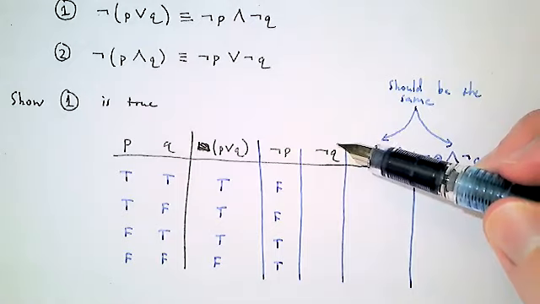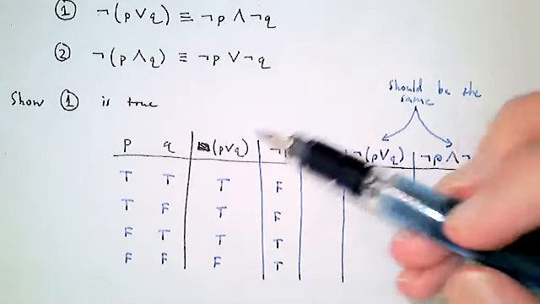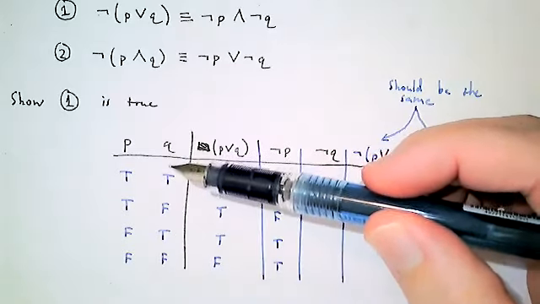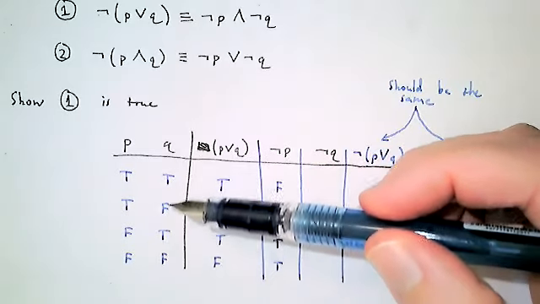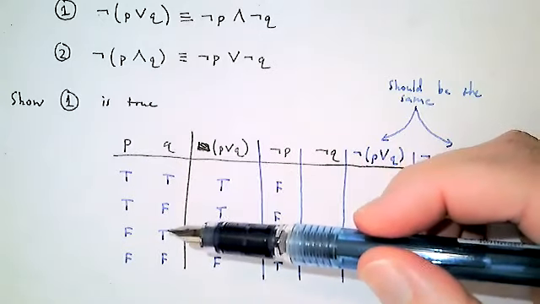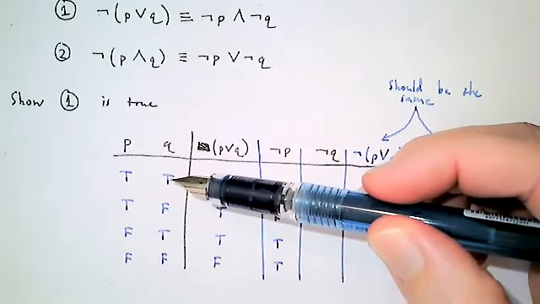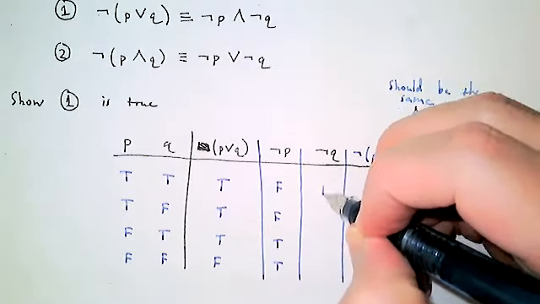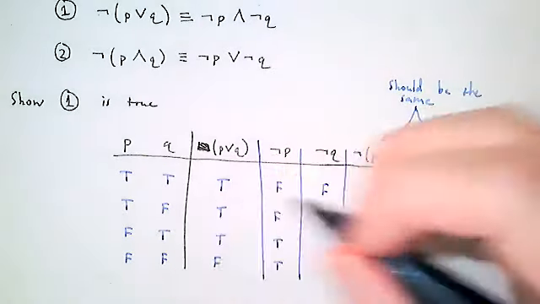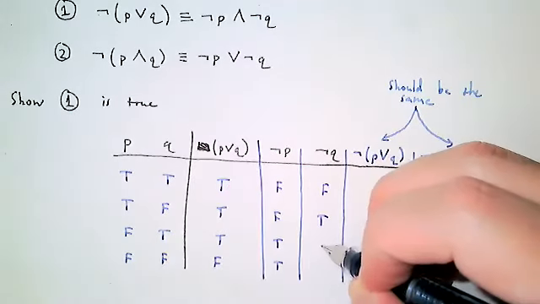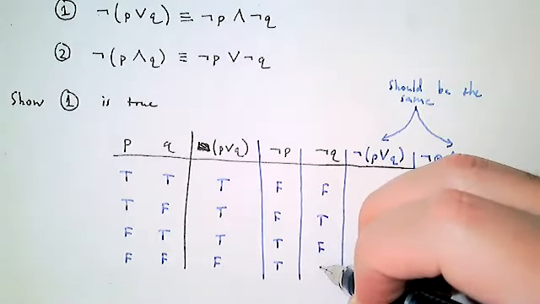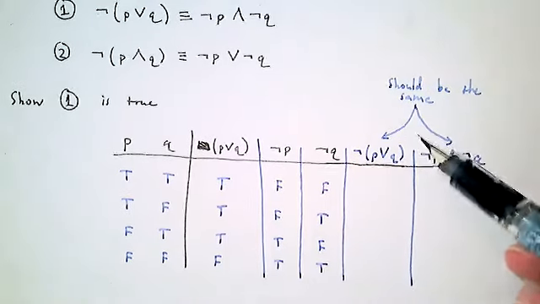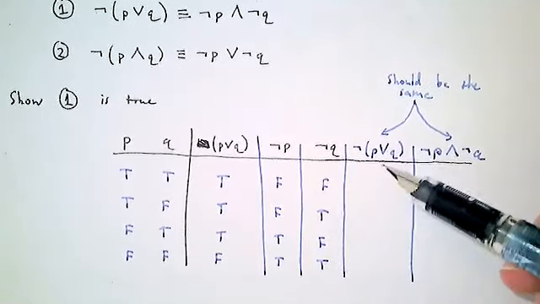Then we move on to the negation of Q. So for the moment, we only care about this column, and we're going to switch the truth values that we find here. So my true in the first row becomes false, and all the falses become true. We keep on working.